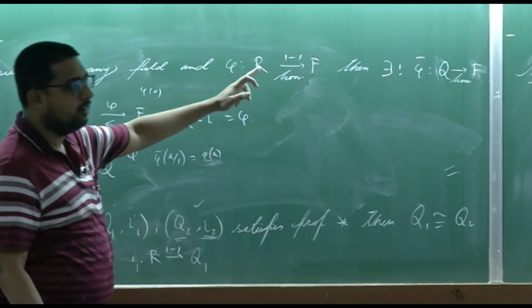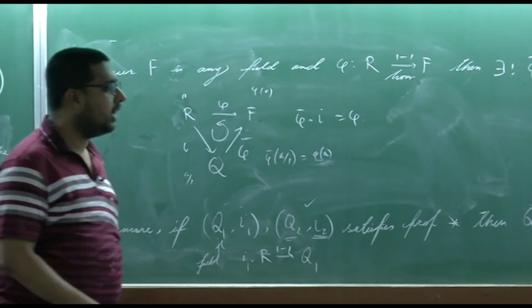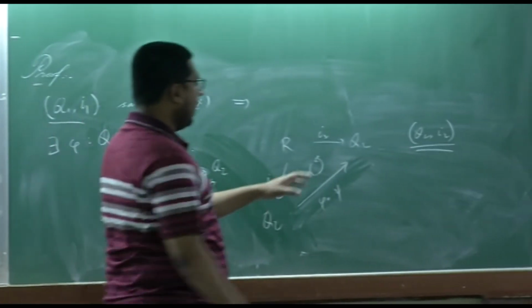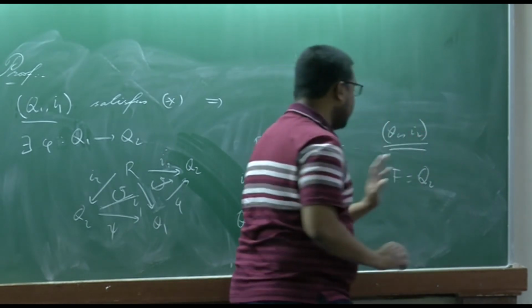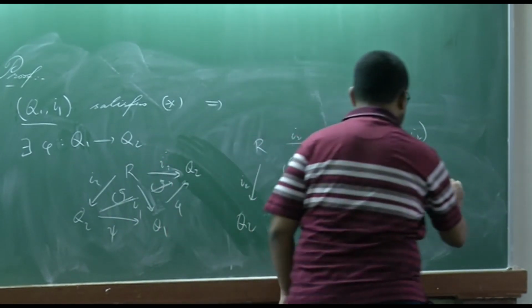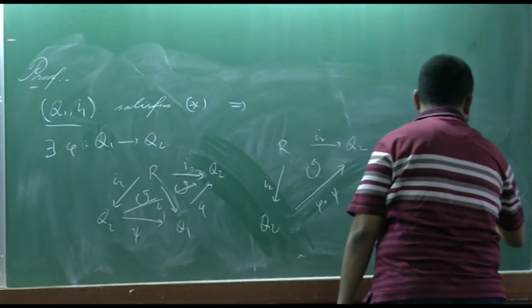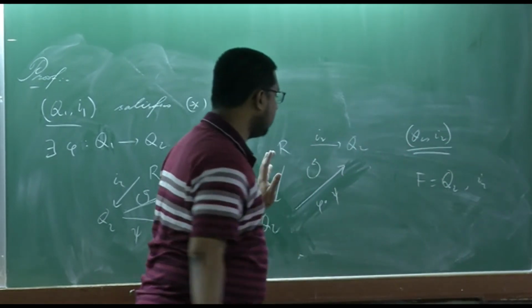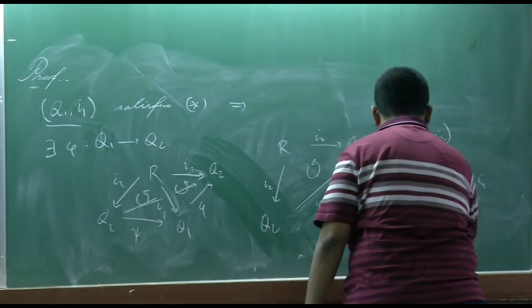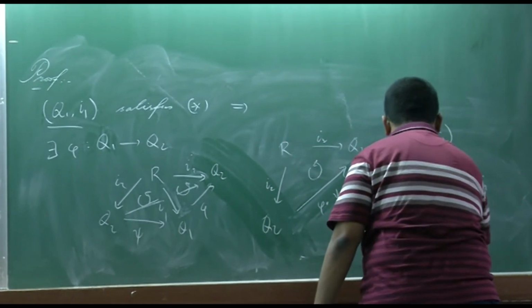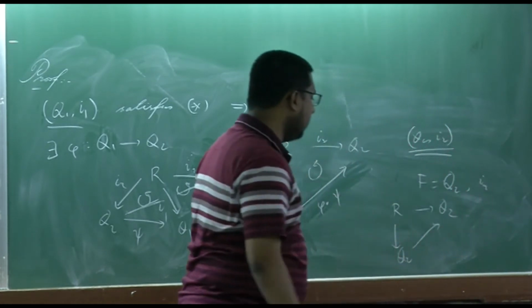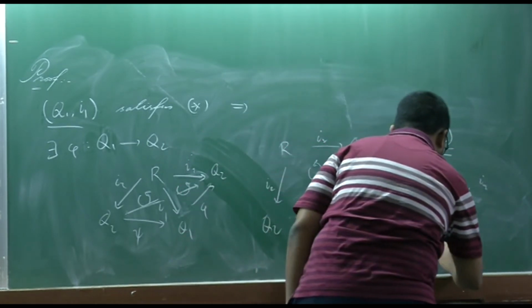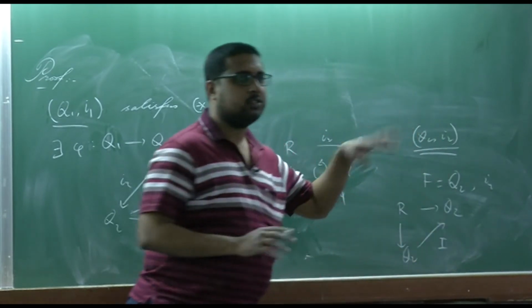That means whenever a field and a homomorphism are given, then there will be a phi bar. So, in this situation I am taking Q2 as F and this homomorphism as I2. By property star, I know that there is a unique homomorphism that makes this diagram commutative, and in fact you can check the identity commutes the diagram.